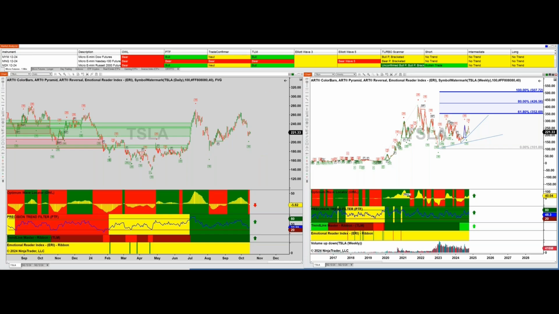So that's something that could be coming up. I don't see too many areas in here, maybe a little bit of one here, but that's not a very strong one. But in any case, the pyramid here formed right after this one. And this one here, I'm trying to figure out, doesn't look like it may have taken out this one here, but I would have rather had it taken out one of the more severe ones here.